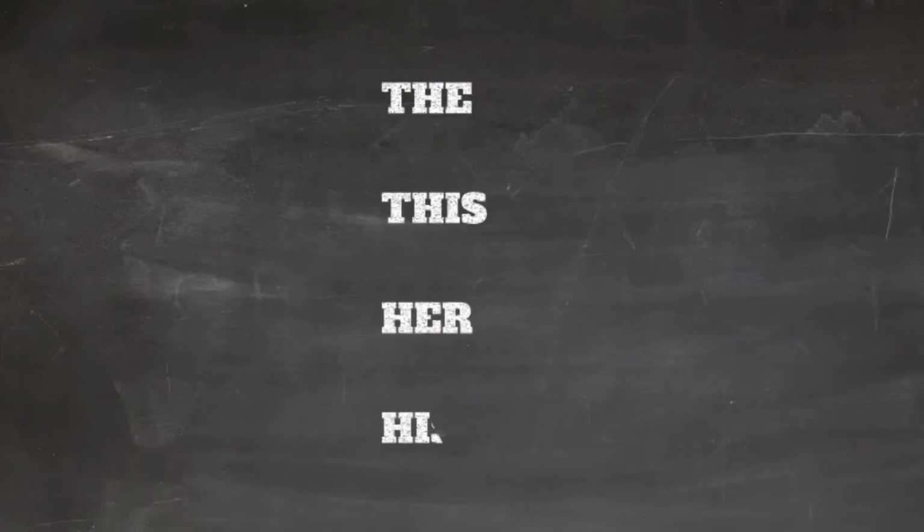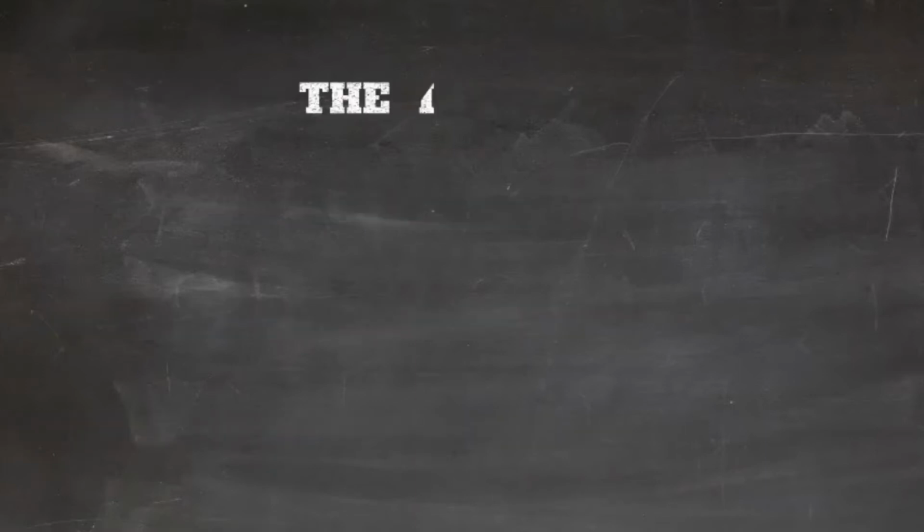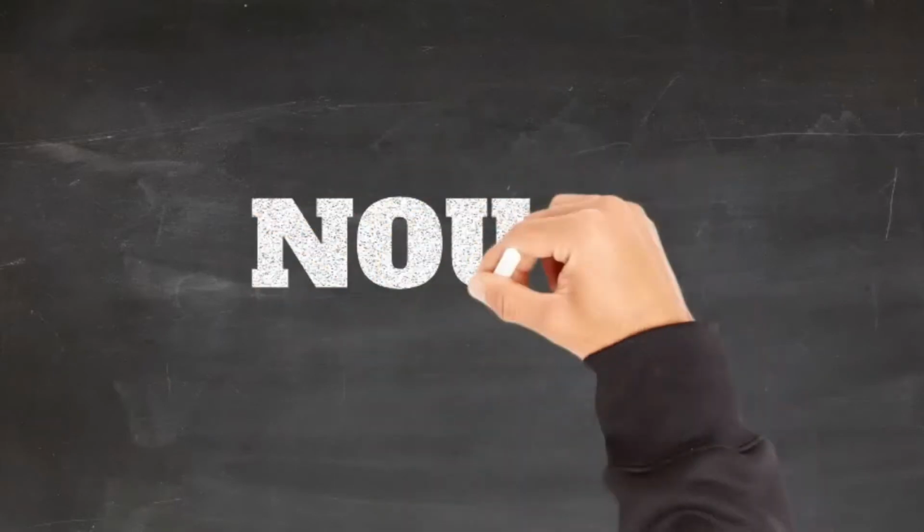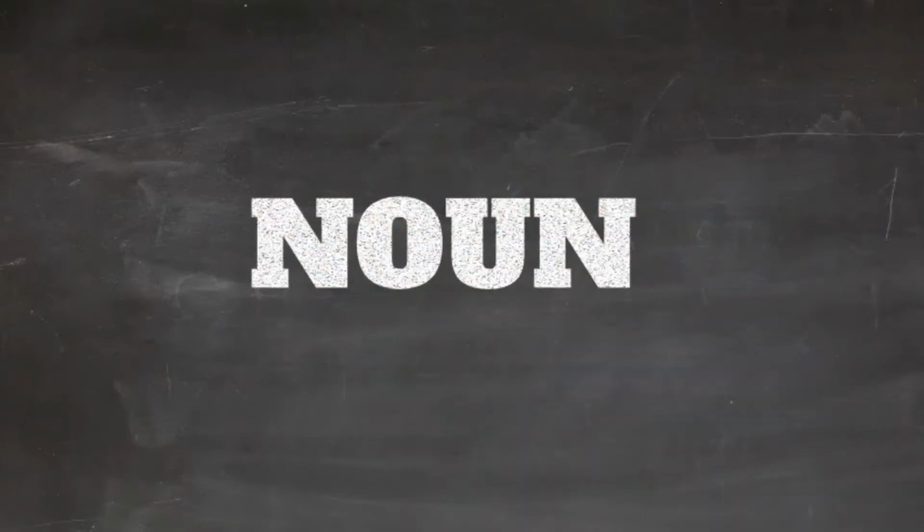An article is a word that points to the ownership of a noun, such as the, this, her, his. For example, the house, this house, her house, his house. Noun. A noun is a word that functions as the name of a specific object or set of objects, such as living things, places, actions, qualities, states of existence, or ideas, i.e., facts.